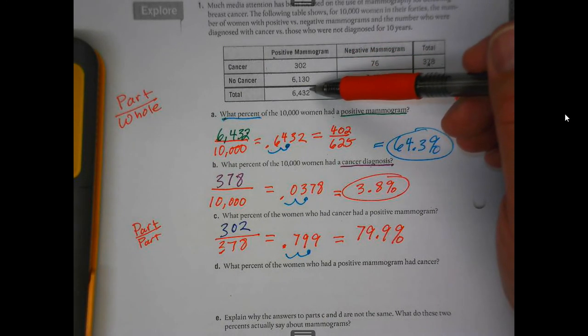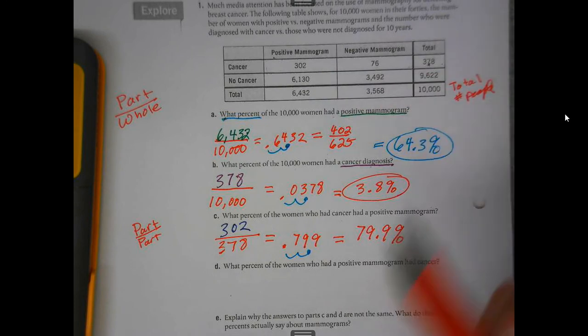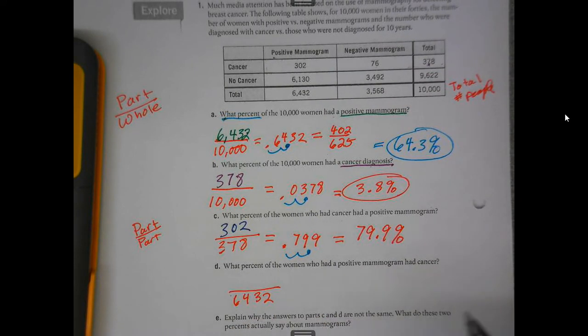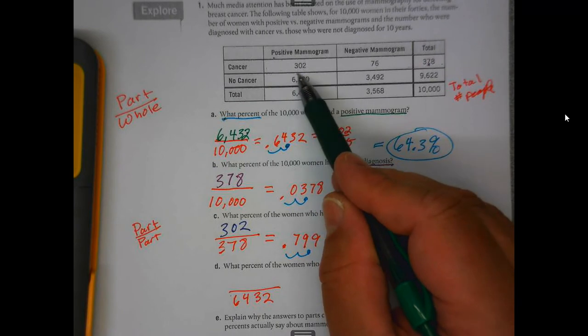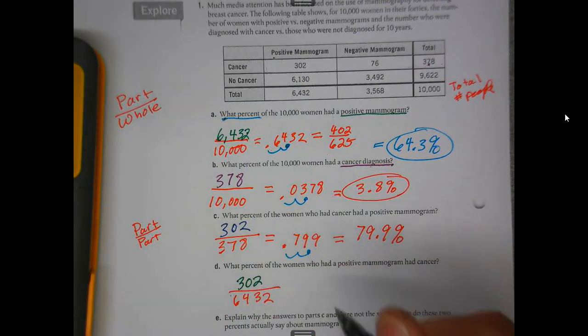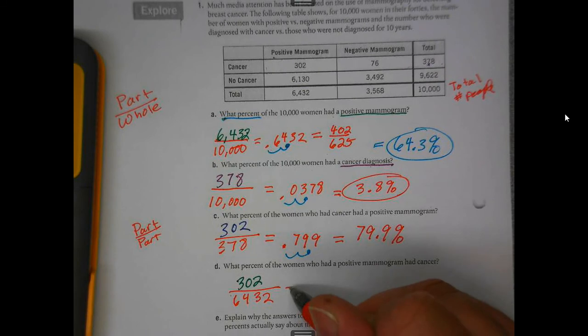The ones that actually had cancer was 302. So if I take my 302 divided by 6432, I get 0.0469. Move the decimal place over 2, and I get 4.7%.